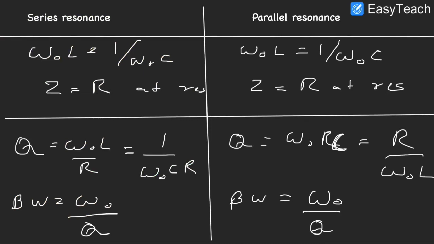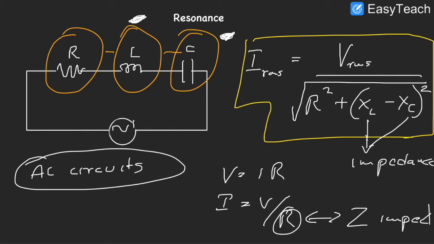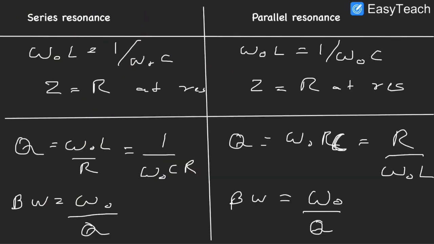Like I said, here we have these elements connected in series, so this is a case of series resonance. In series and parallel resonance, there are some similarities. When resonance occurs, your impedance is equal to your resistance, because the impedance offered by the inductor cancels out with the impedance offered by the capacitor.